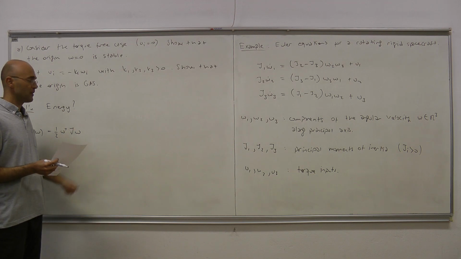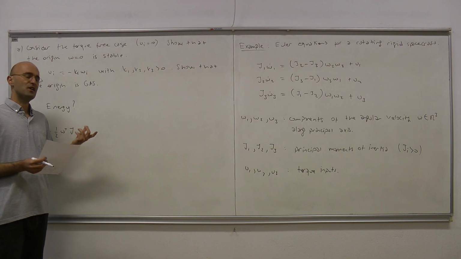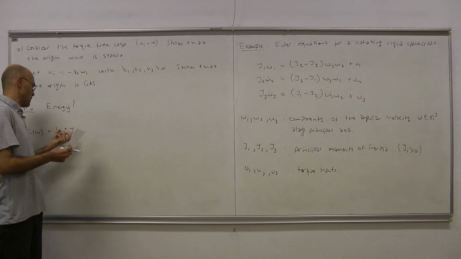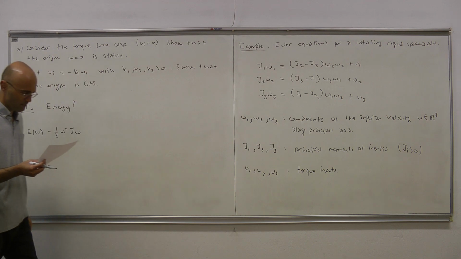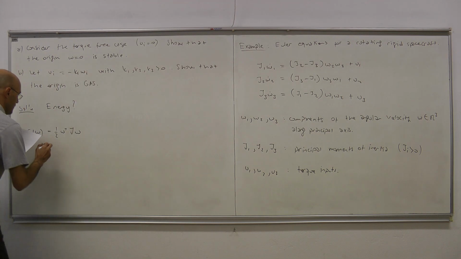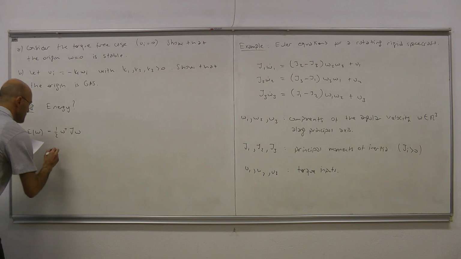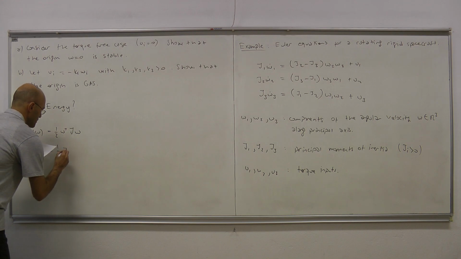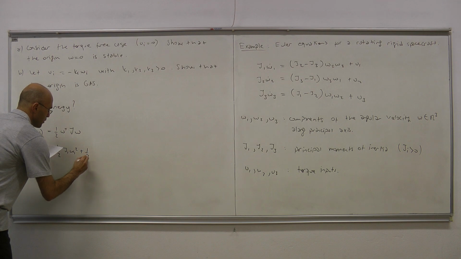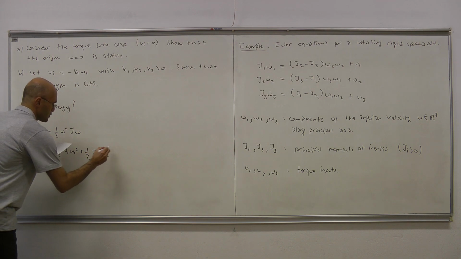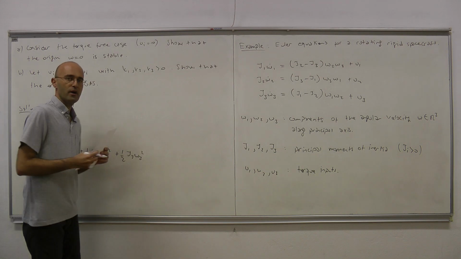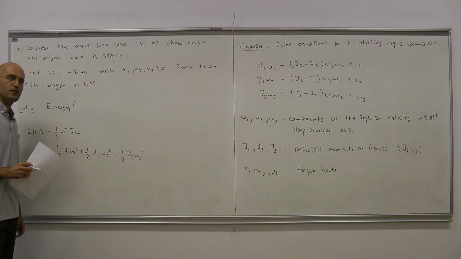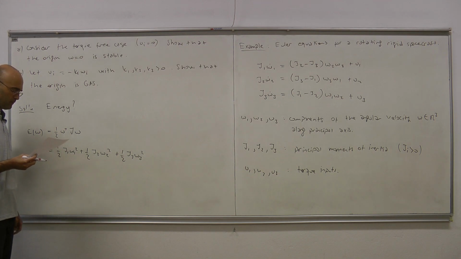Of course, this is a vector, and then omega squared doesn't make sense. So we construct this sort of generalized inner product, omega transpose J omega. Now, in open form, this reads 1/2 J1 omega 1 squared plus 1/2 J2 omega 2 squared plus 1/2 J3 omega 3 squared. So that's the total energy of the rotating body.